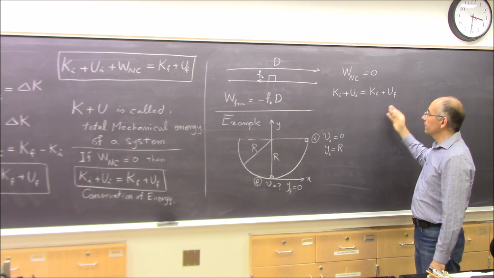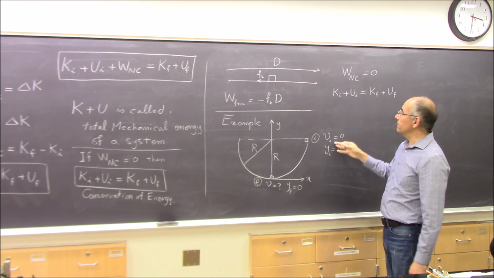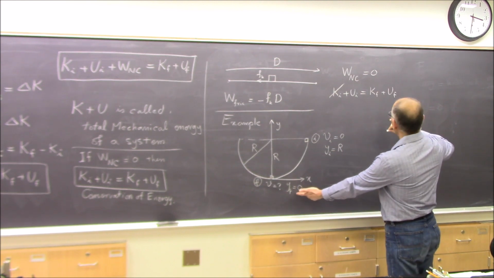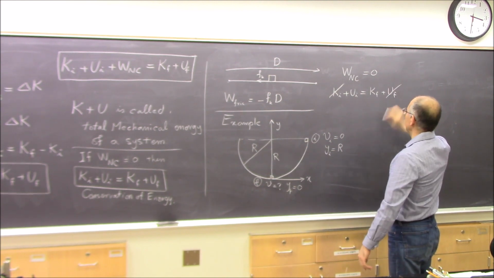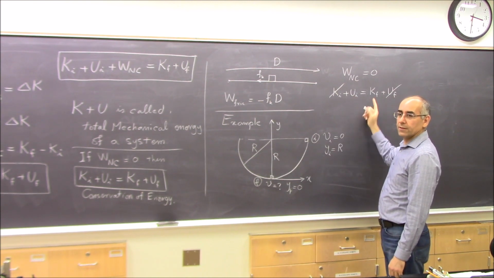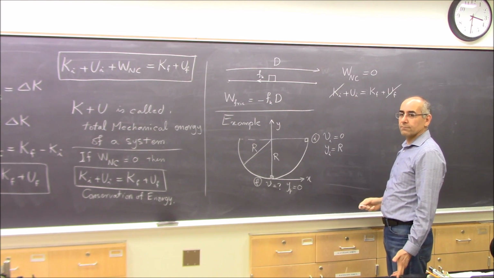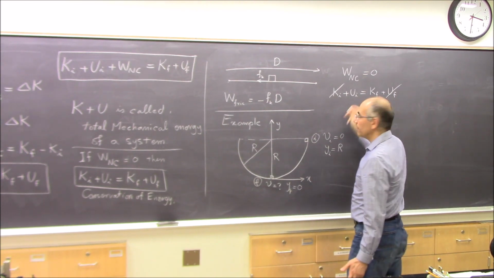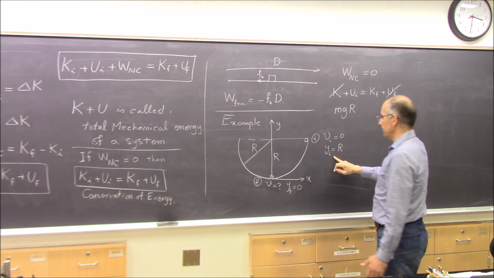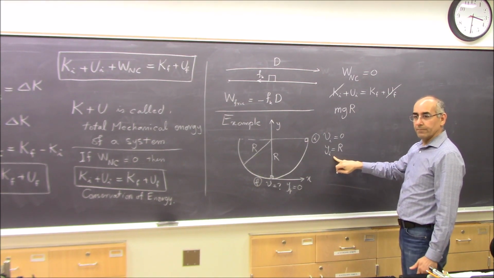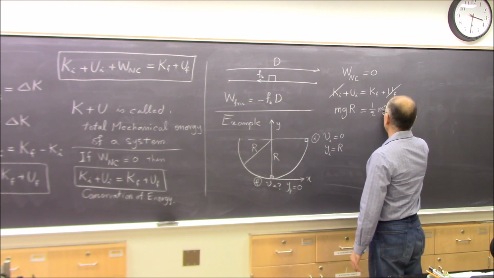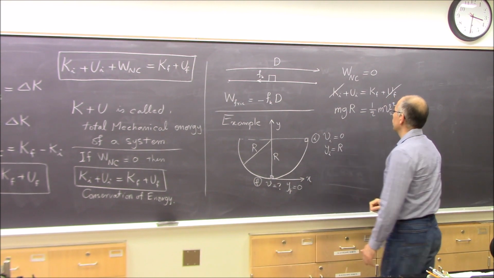Ki is 0 because initially the speed is 0, and Uf is 0 because yf is 0. U is mgy. So initial potential energy should be equal to final kinetic energy. mgr, which is initial, should be equal to 1/2 m v final squared.